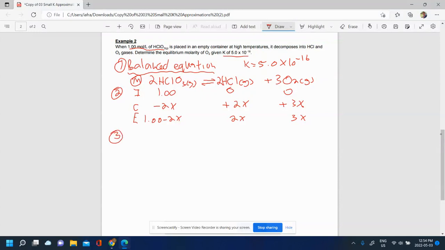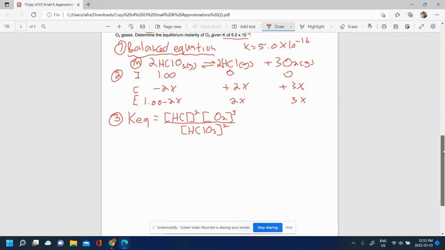So our third step, let's go create our equilibrium expression. K, or just K, is equal to the concentration of HCl to the power of 2 times the concentration of O2 to the power of 3 over the concentration of HClO3 to the power of 2. And now we can go plug all our values in, because we want to solve for x in order to plug x into those parts of the equation to get the final equilibrium concentrations.